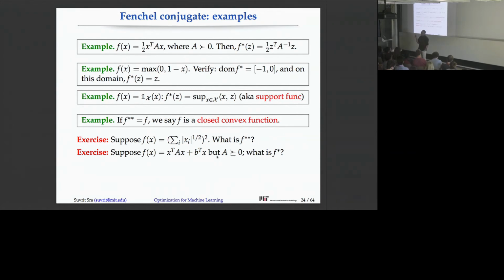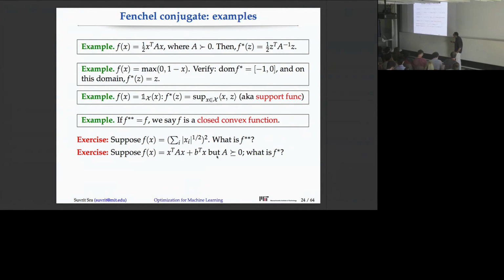As an analogy, back in linear algebra land, if you take the orthogonal complement of the orthogonal complement, you get back the original space. Or in matrix lingo, if you transpose A transpose again, you get back A. This operation in algebra is called an involution. So you do this for convex functions, you get back f.